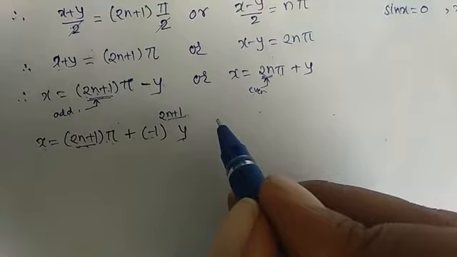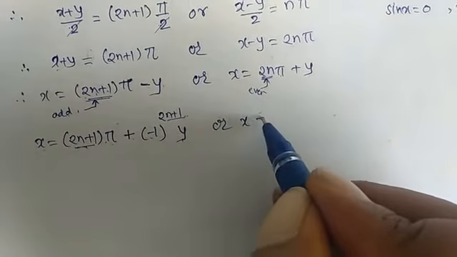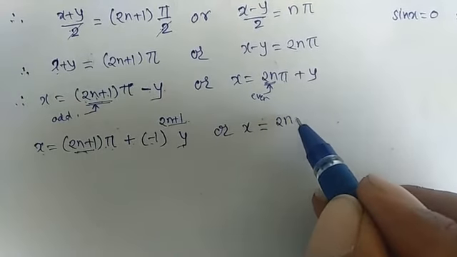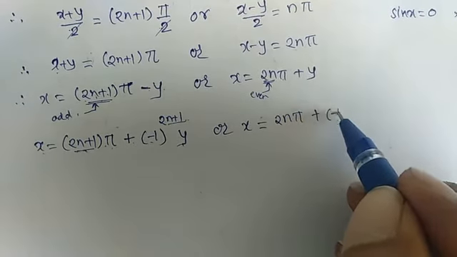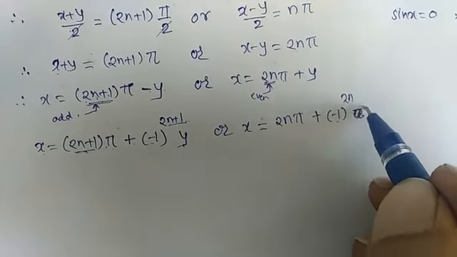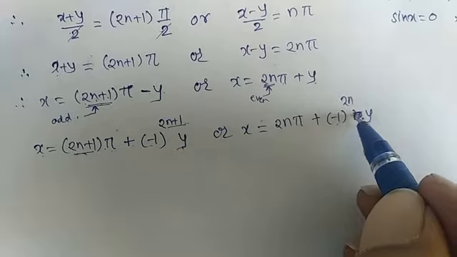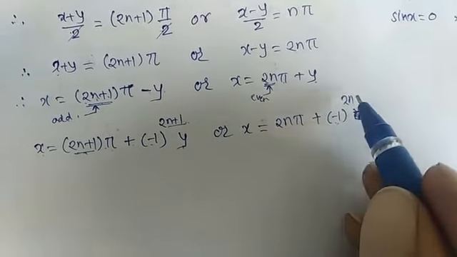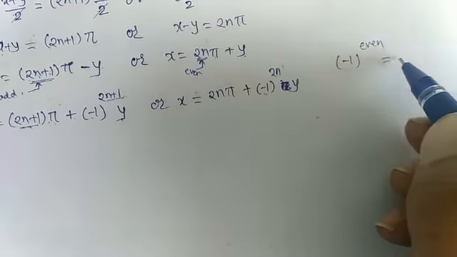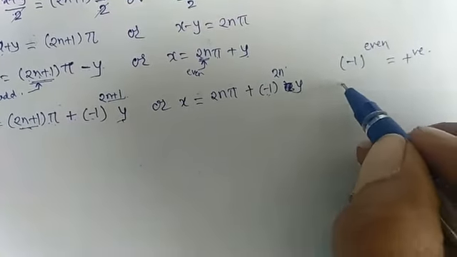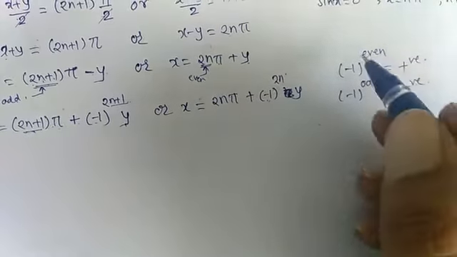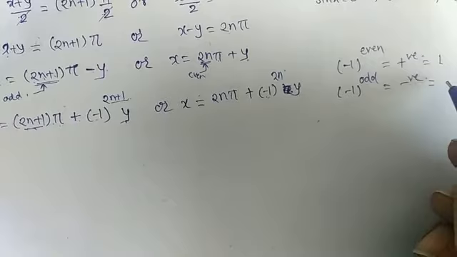Or you can write for this also the same pattern: it is 2n pi plus minus 1 raised to 2n y. Its coefficient is y. As you know, minus 1 raised to even is always positive 1, and minus 1 raised to odd is always negative, minus 1. Okay, it is plus 1 or it is minus 1.